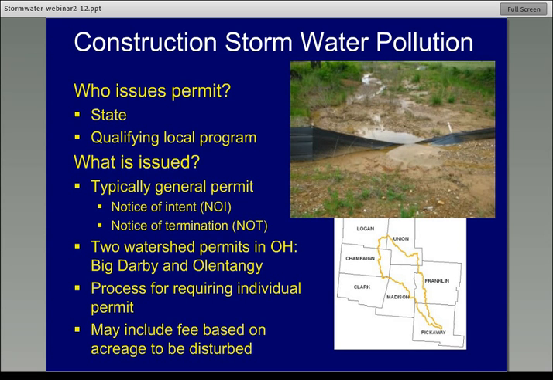So it's a big problem out there since the downturn, with abandoned sites. So something to keep in mind.